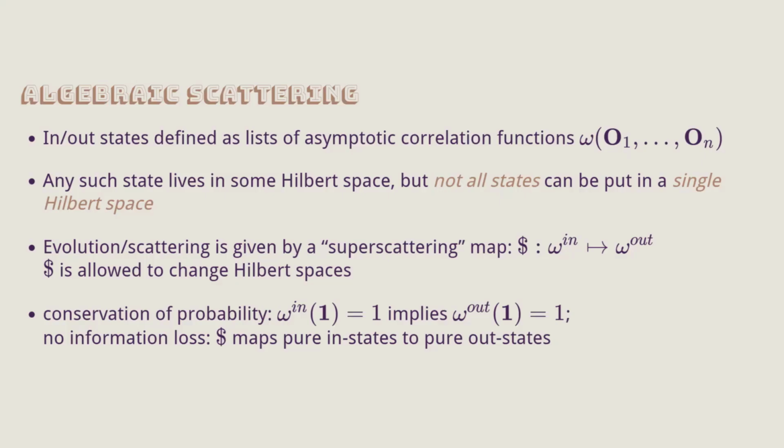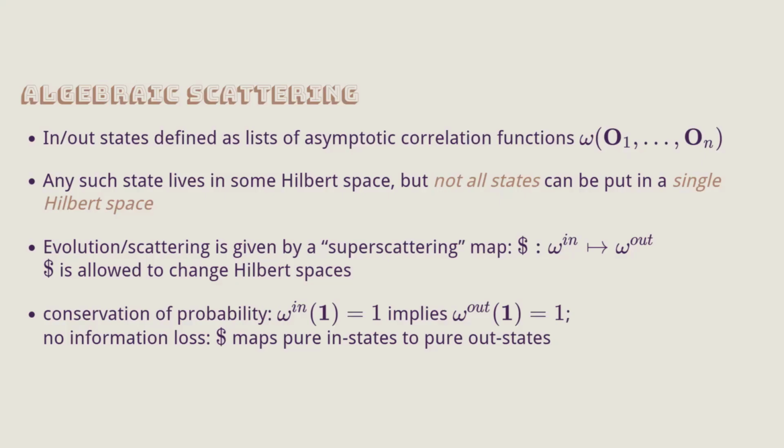Okay, so the point of view I'm going to take here is we're not going to consider any Hilbert space as special. This is sort of what is done in curved spacetimes usually. You say I have some list of correlation functions of all my operators that are floating around, and every such list defines a state. There are more conditions for it to be a physical state, like positivity.